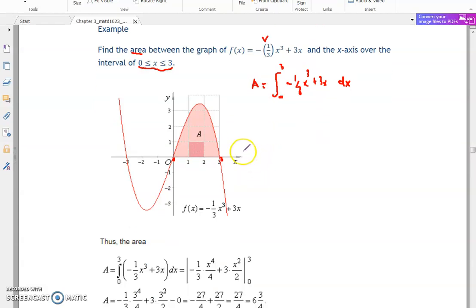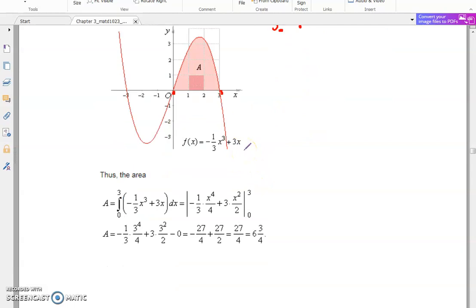Now we can have a look at our solution. If you want to eliminate the integral, you perform the integration. Negative 1 over 3, you keep it. And what happens when you integrate x cubed?